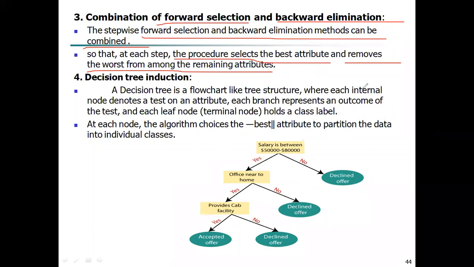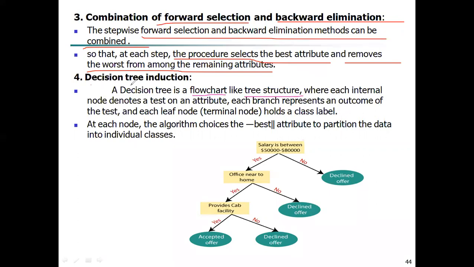Clear? And the fourth one is decision tree induction. What is decision tree induction? Why are we going for this? First of all, a decision tree is a flow chart like tree structure.